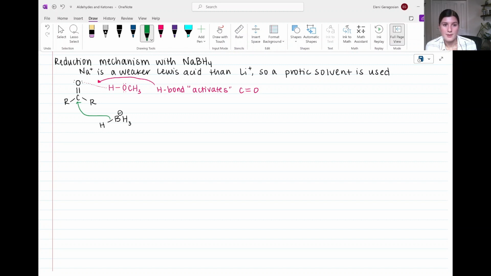Instead of showing that the pi bond goes directly back to oxygen and then the oxygen is protonated by the protic solvent, this happens quickly: the pi bond electrons will form a covalent bond right away to that hydrogen that's part of the protic solvent, so that very slightly acidic hydrogen. And then in the same step, the bond between hydrogen and oxygen in the solvent, those electrons will create a bond to the boron.